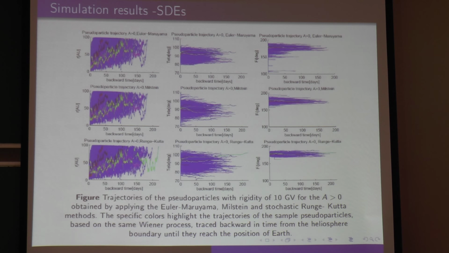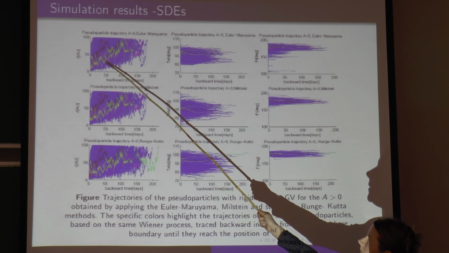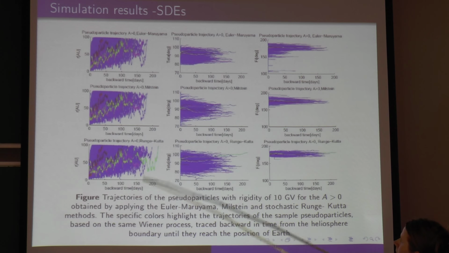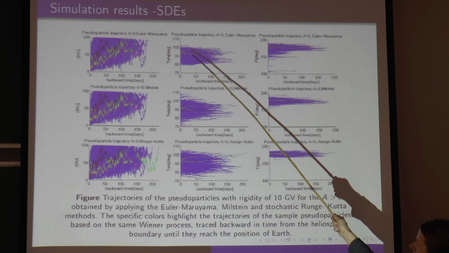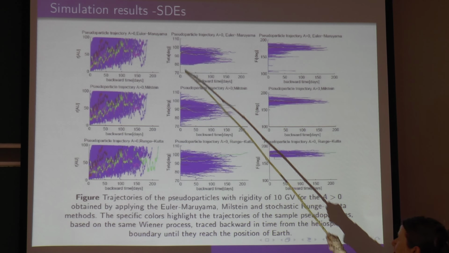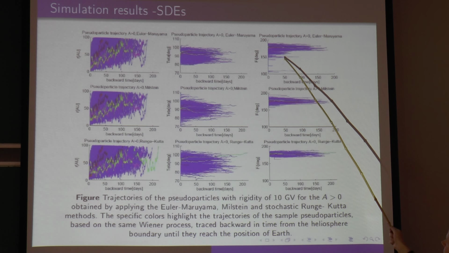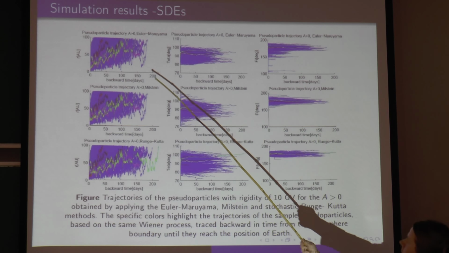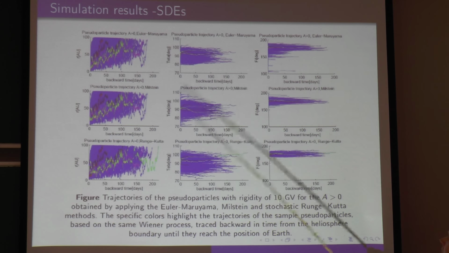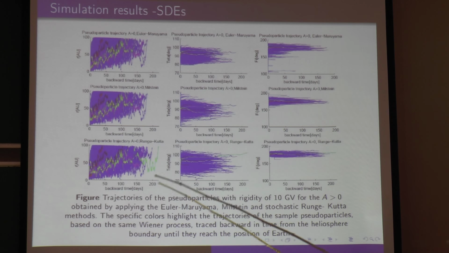And some results. Here you can see trajectories of pseudoparticles. In this case, we have 2000 pseudoparticles, and here we have radial distance versus time, here heliolatitude versus time, and here heliolongitude versus time. This is for the Euler method, this is for the Milstein method, and this is for the stochastic Runge-Kutta method.